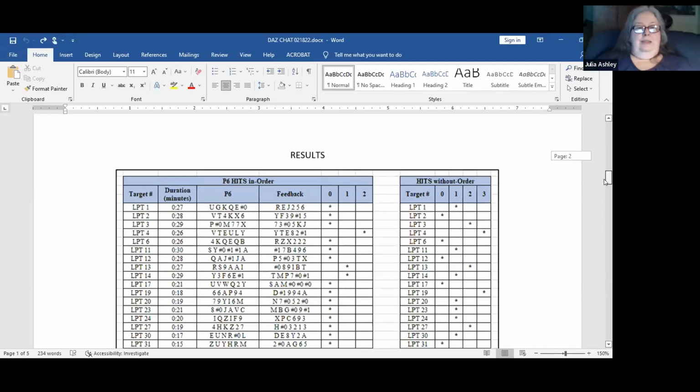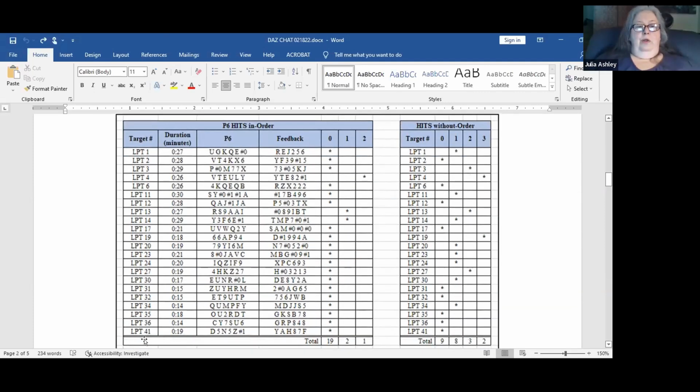Here are results. Now, there were 41 license plates, and the problem being, I think I've only got like 21 listed here. You can see under my feedback column, this is what the license plate really was, REJ256 for the first one. Some of the license plates in that target pool had less than 6 characters, and some of them had more than 6 characters.